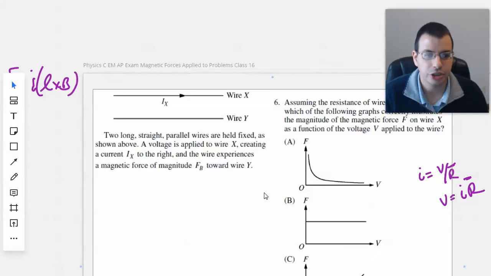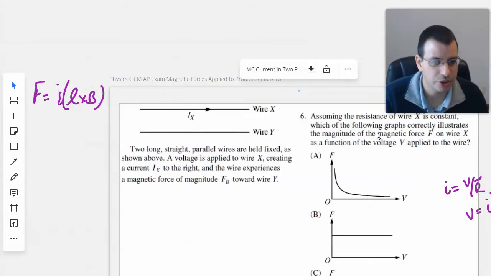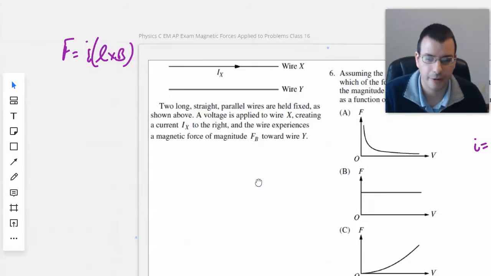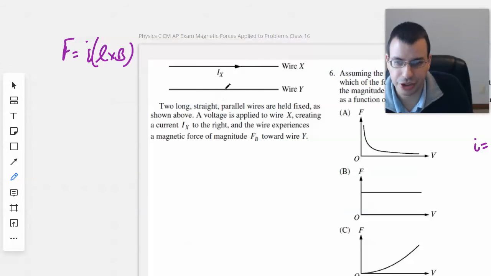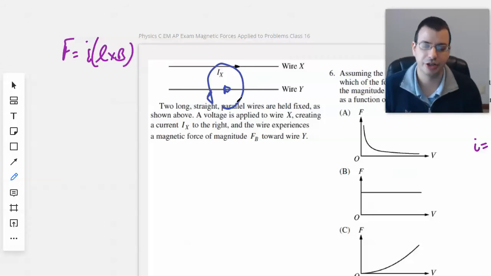So, assuming the resistance of the wire X is constant, which graph correctly illustrates the magnitude of the force F on wire X as a function of voltage V applied to the wire? So, there is some mystery voltage on Y, and it's creating a magnetic field like such. And we're assuming that this is constant.